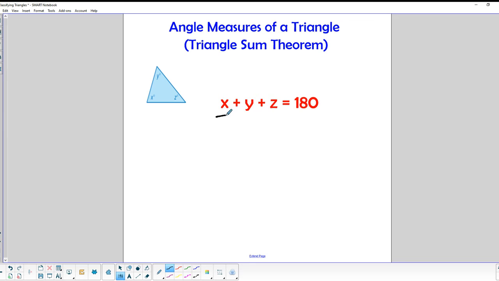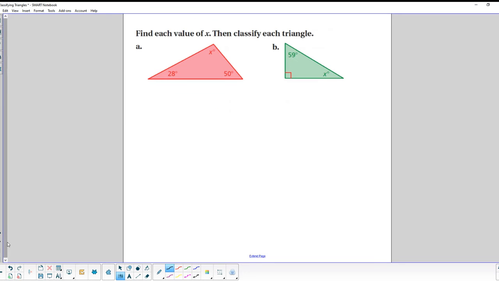Now, we've seen this before. We've been practicing that as well. So let's give it a little more practice. For each of these problems, find the value of x, depending on what you're given initially. So in order to find x, you're going to have 180 degrees for your total, and then you're going to subtract off these two amounts of the two known angles, and that will give you the last angle, which is x.